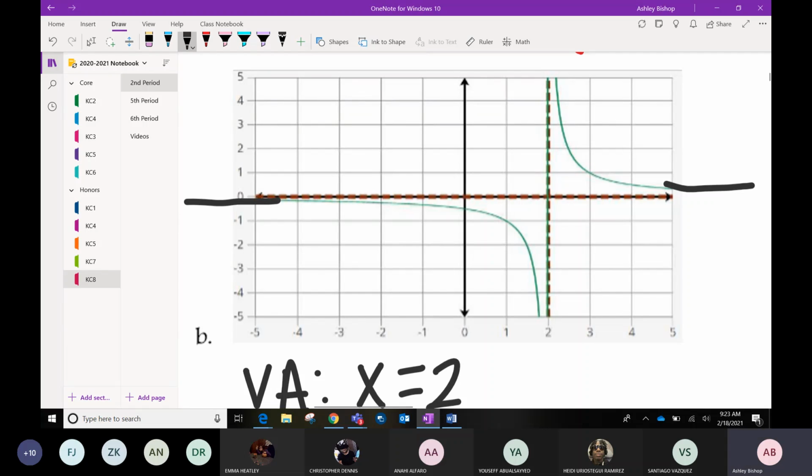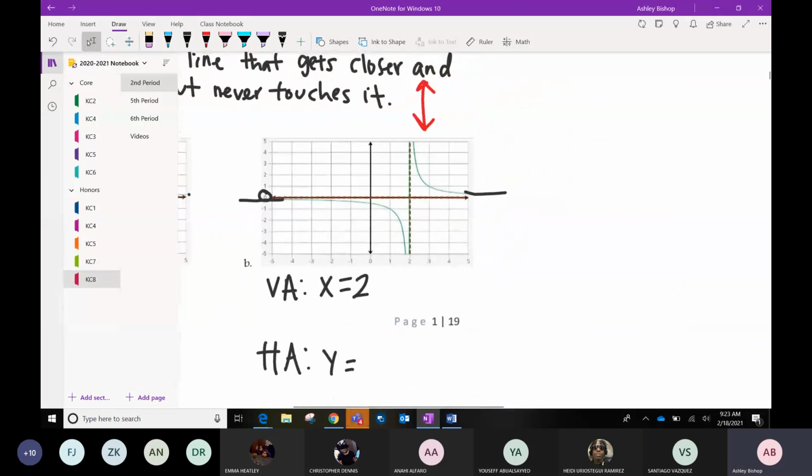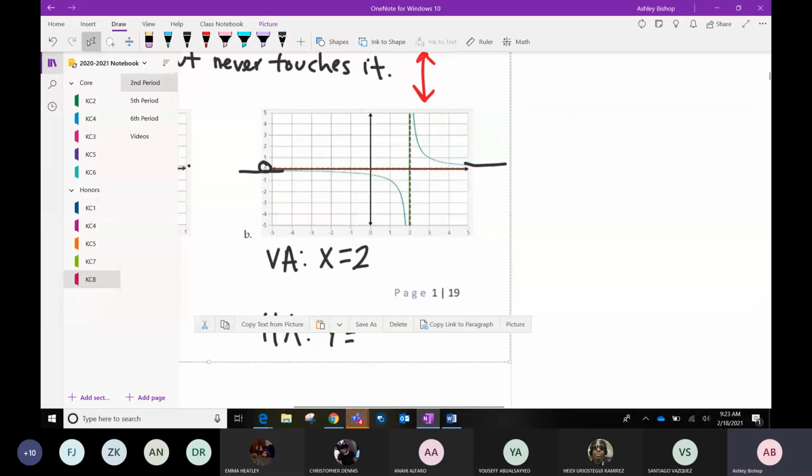It's getting super close, but it's not going to touch. In the chat for horizontal, going left to right. Yes, 0. It's getting super close to the number 0, but it's not actually going to touch it. So y equals 0.